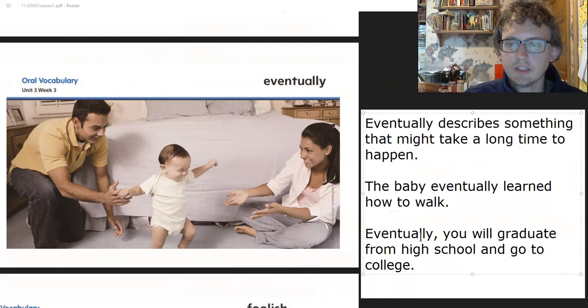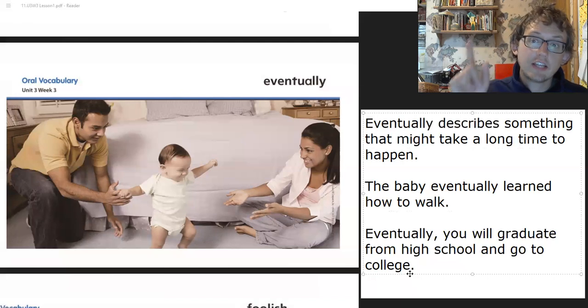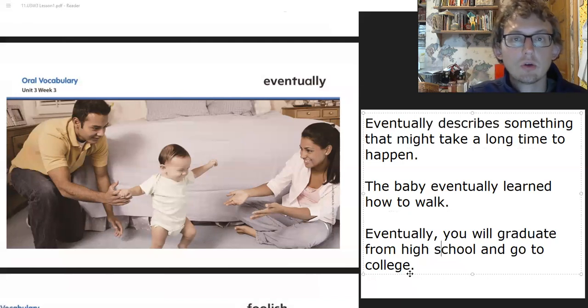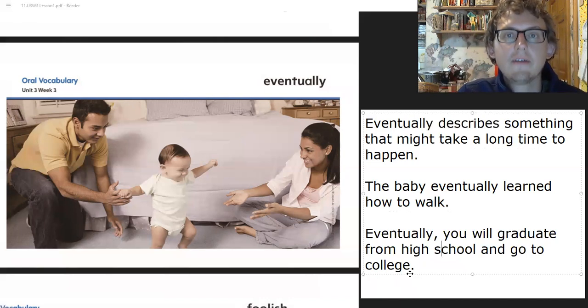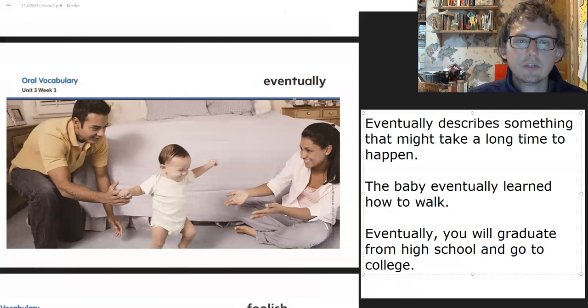So that's something that might take a long time, right? Because maybe right now you are only 6, or maybe you are 7, right? So eventually, though, you will go to high school, you will go to college. So that's what eventually means, okay?